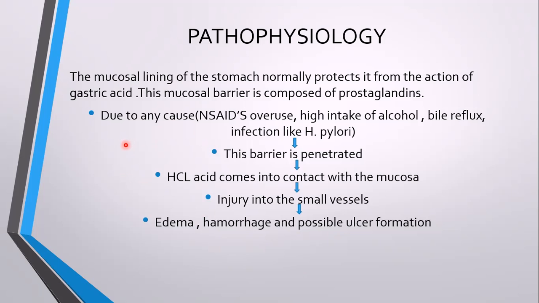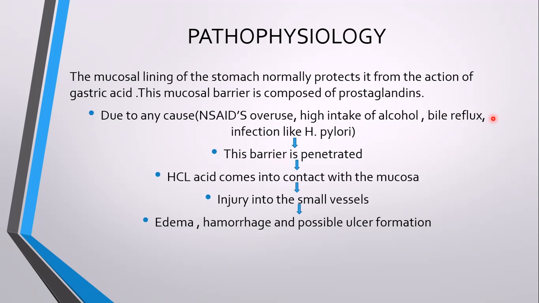It says that due to any cause, and cause is nothing but the etiologies, the reasons. So when a person takes NSAIDs, maybe misusing NSAIDs, or takes aspirin for a long period of time, or has high intake of alcohol, or bile reflux.